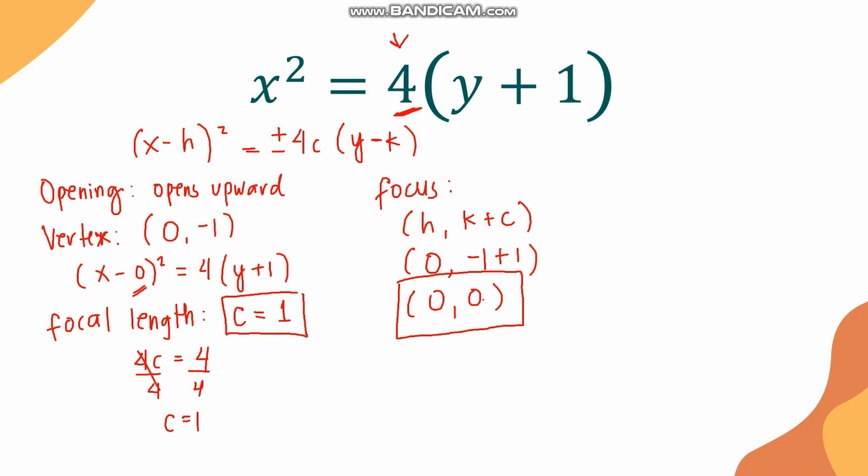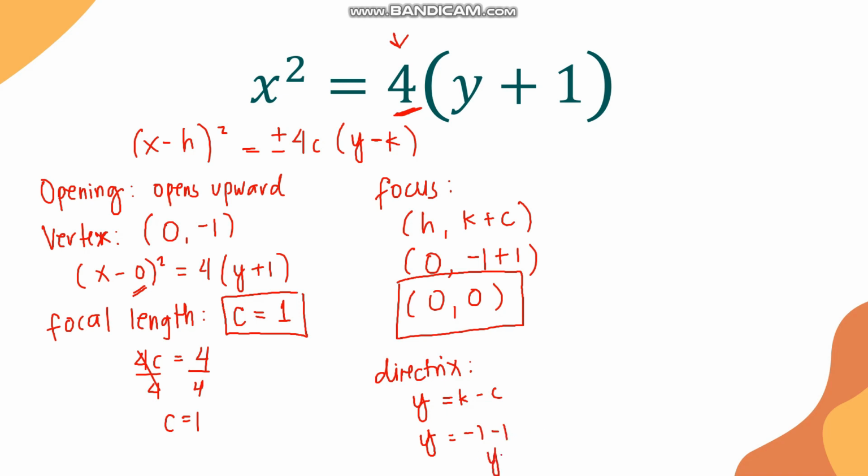For the directrix, since it opens upward, it follows the form y equals k minus c. We have k, which is negative 1, and c, which is 1. So negative 1 minus 1.